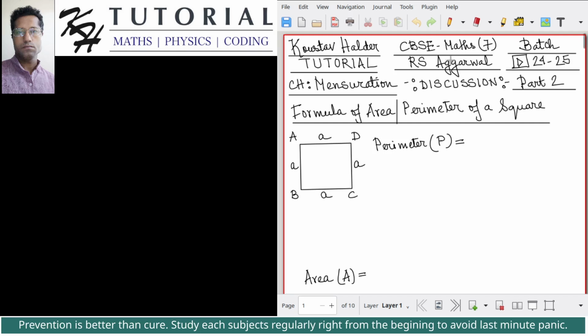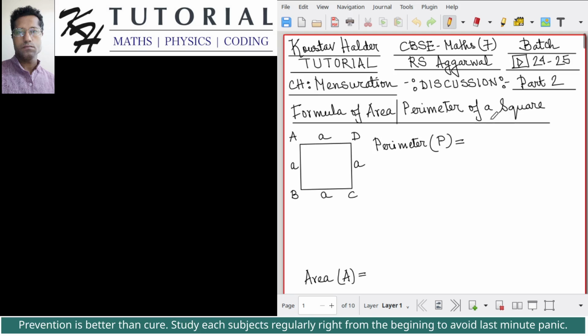Okay. So as you know, the perimeter of a plane figure, in this case a square, will be the length of the boundary of the plane figure. In a square, ABCD is a square where the length of each side of the square is A units. So the perimeter of the square will be the length of the boundary.